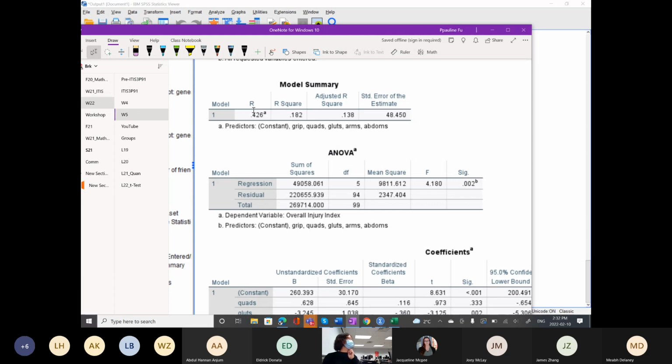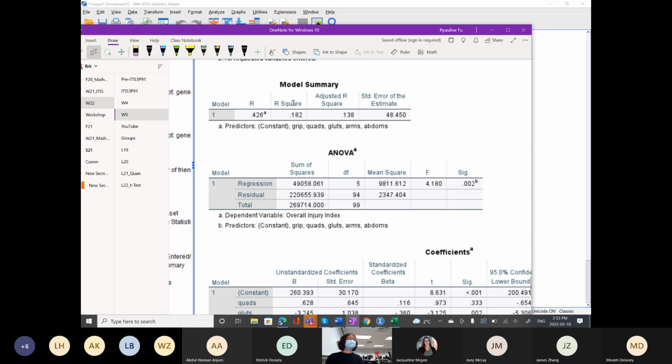Between 0.1 and 0.3, moderate, and then 0.3 to 0.5, and above 0.5 is a stronger relationship. Okay. So this one is a moderate linear correlation coefficient.